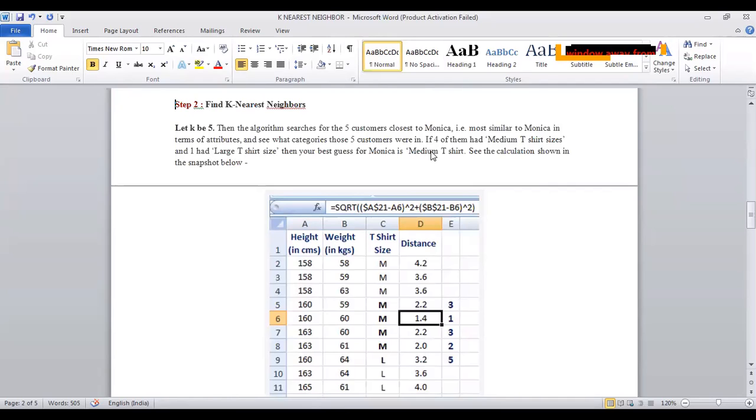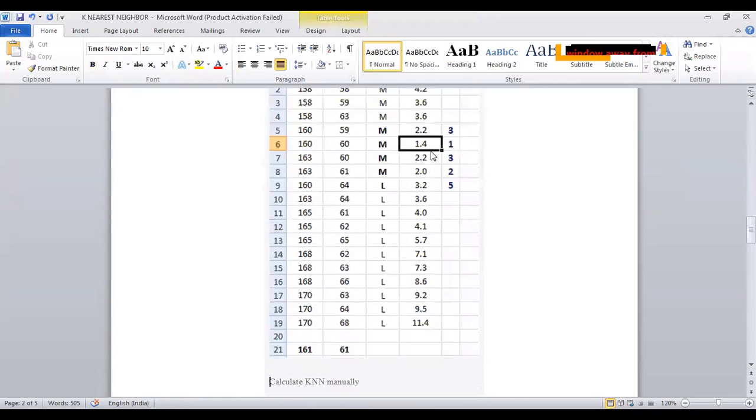Out of these 5, 4 nearest neighbors belong to the medium category. So we have to classify the new data point to the medium size category. So Monica's t-shirt size will be medium, because the majority of the neighbors are in the medium category.